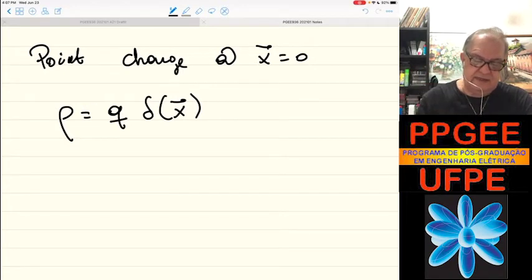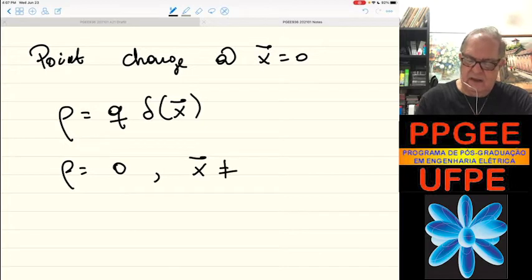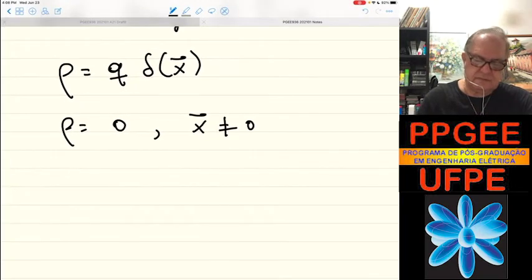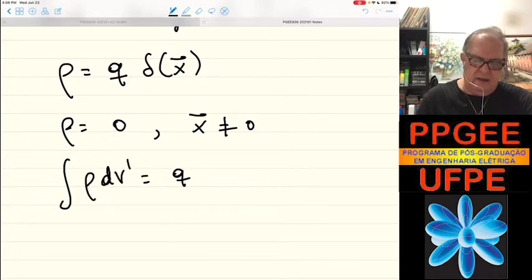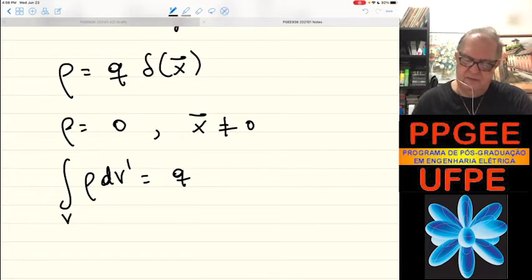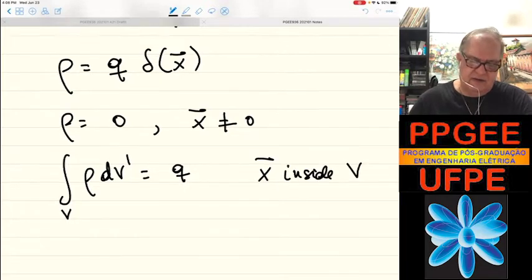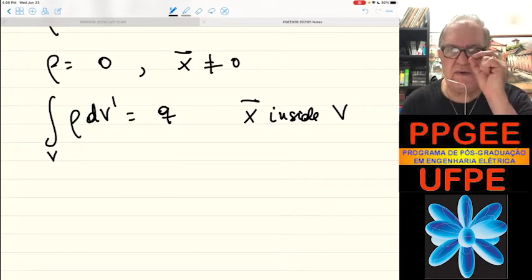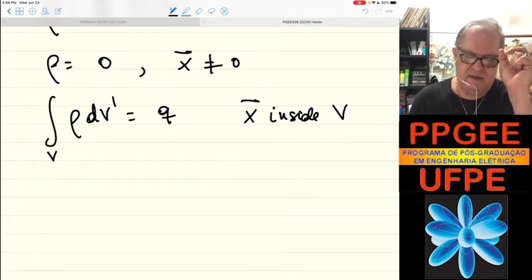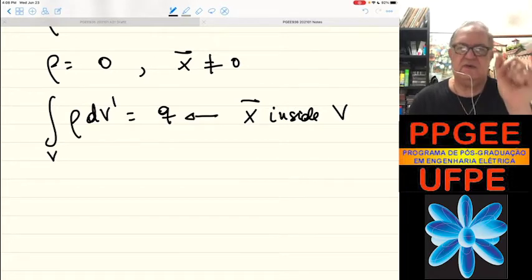Well, it means that rho equals 0 for x different than 0, and the integral of rho dV equals Q in a volume if x is inside V. Any volume, okay? Even the differential volume around the origin, we have that condition, right?